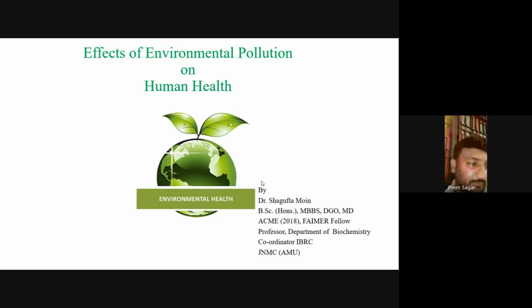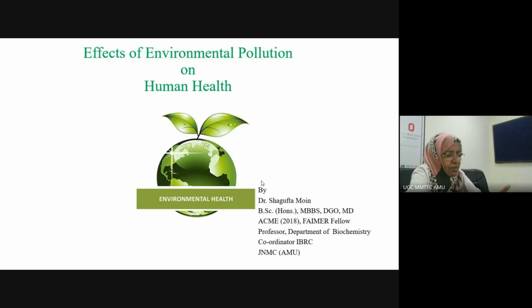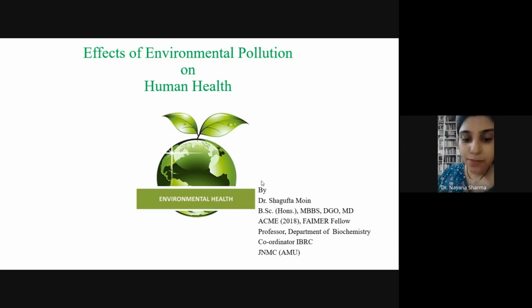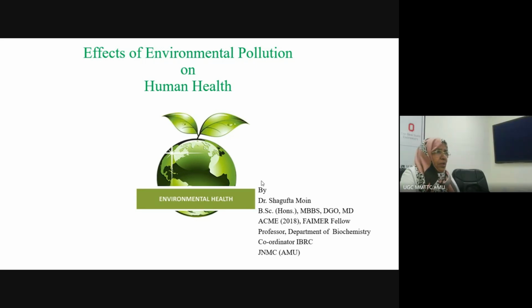So, are affluent people exposed more to poor environmental conditions, or people with low income? People with low income. Very good. And who are the persons more prone to the effects of environmental pollution?